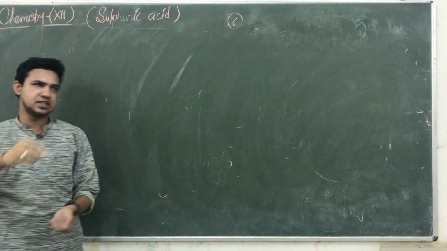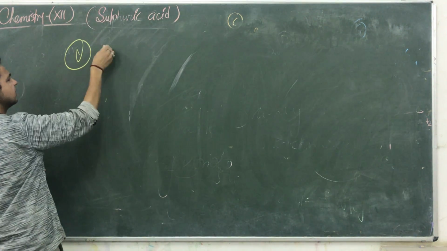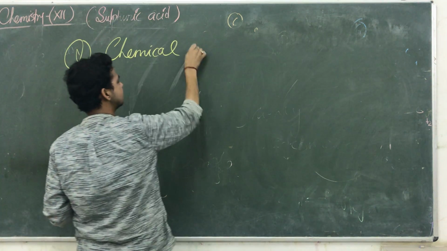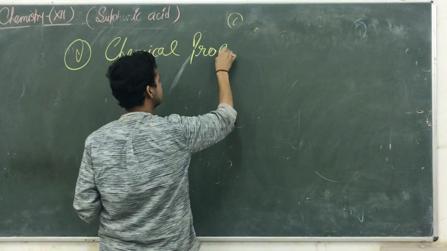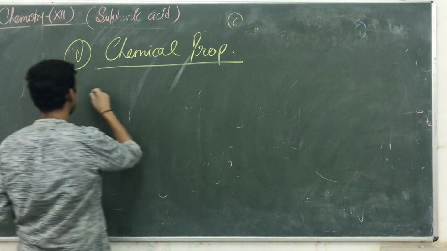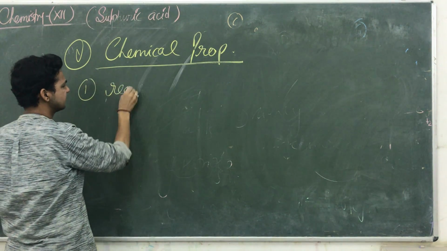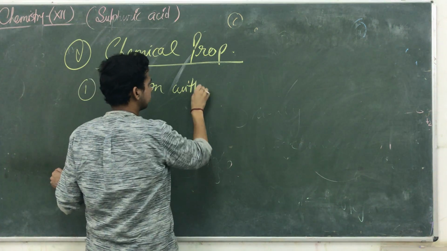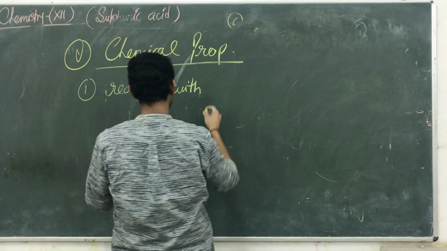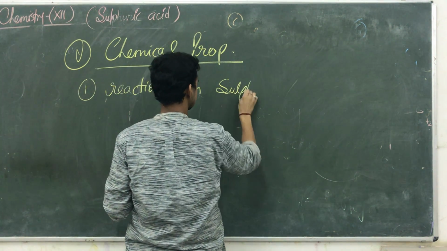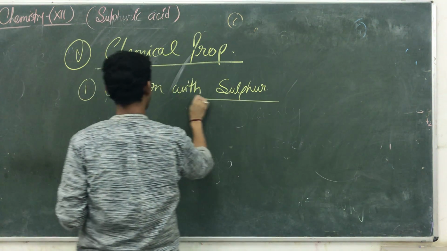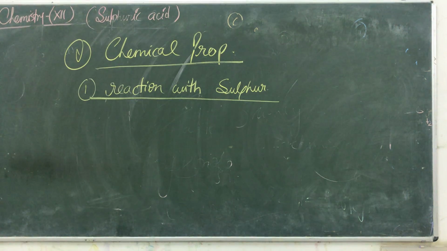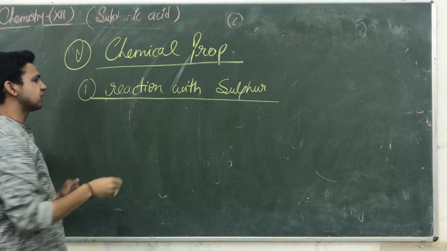The first chemical property is reaction with sulfur. Here we are performing its different reactions. First of all, we are showing the reaction with sulfur.